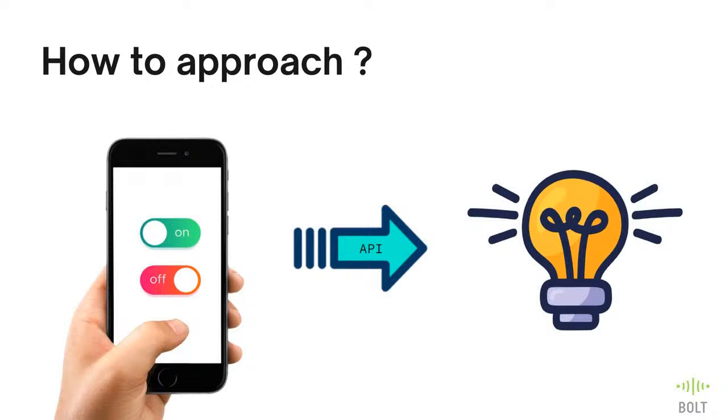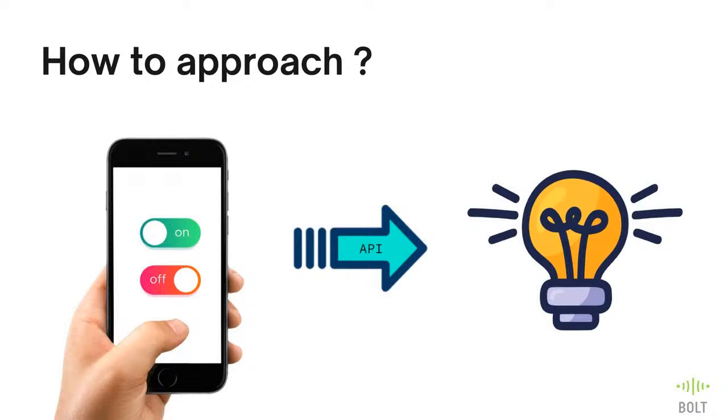In our case, these are Bolt APIs. Whenever this on button is clicked, I'll ask the API to turn on the device. Whenever this off button is clicked, I'll ask these APIs to turn off that device. That is our basic idea. I hope that is clear to everyone. If you have any confusion, you can ask.